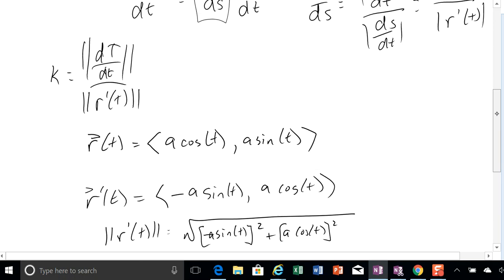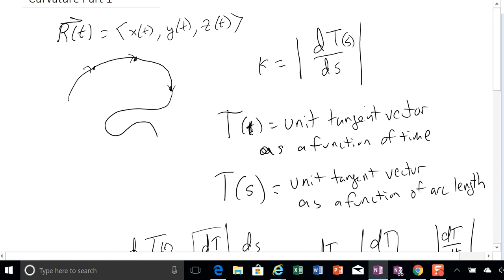Curvature as a quantity: if you've got something with a really slow curve to it, your curvature is going to be small. So it's got a really small curve in this part of the graph through here. You've got a small rate of change in your unit tangent vector. There's not much difference between the unit tangent vector at this point and at that point.